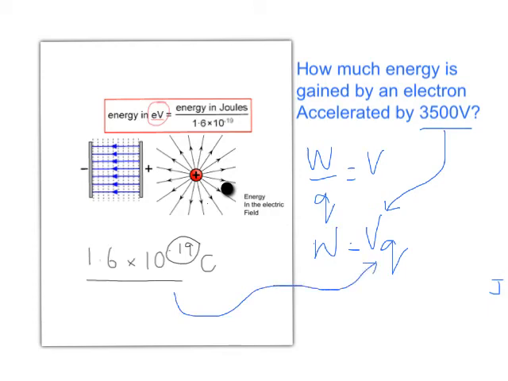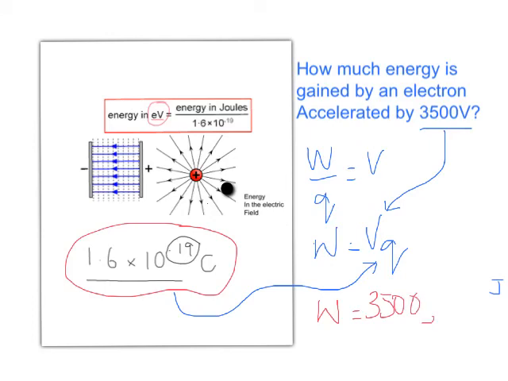This is a constant, by the way. You don't need to learn it off by heart. This would be on the data booklet. So our answer would be 3,500 electronvolts, because we have the coulomb, which is e or V.